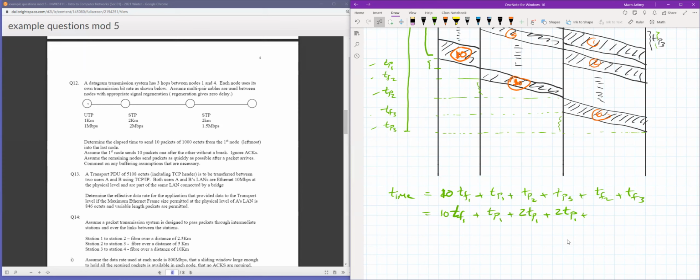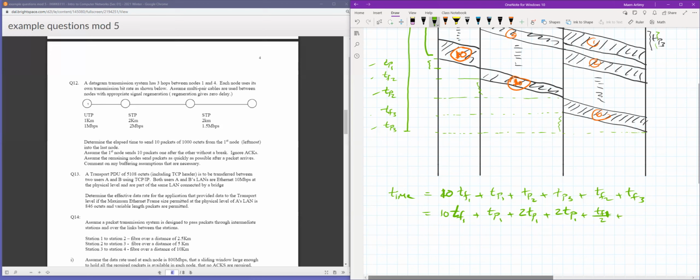So this is TF2 over, TF1 over 2, right? Because it's the time frame, the rate is twice as much, so the time is half.